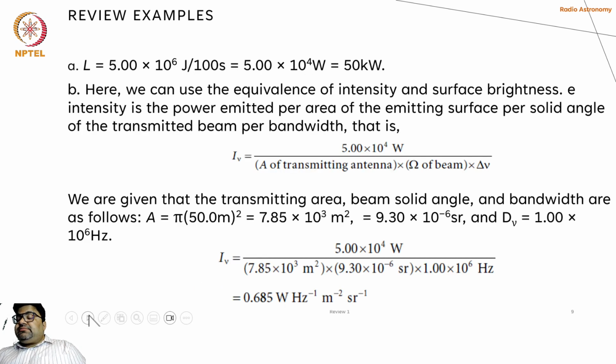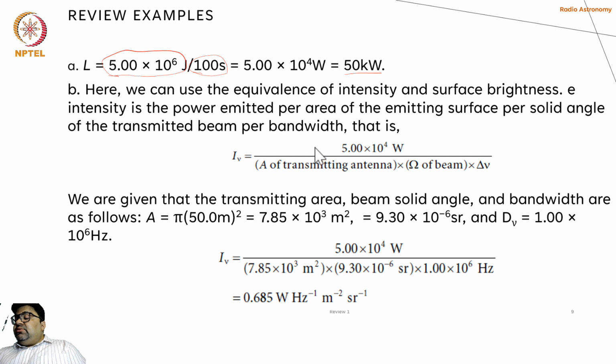Let's see. So luminosity is nothing but the total energy over total time, and that is given by 50 kilowatt. Total energy was 5 times 10 to the power 6 joules, and it was beamed for 100 seconds. And I nu is the intensity. So now you have the luminosity.